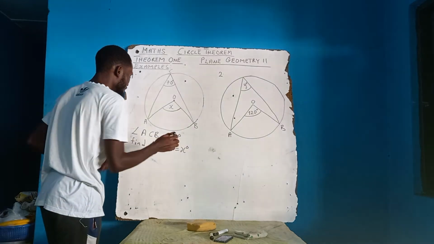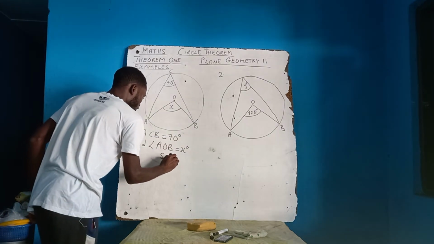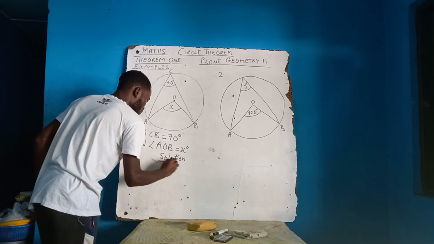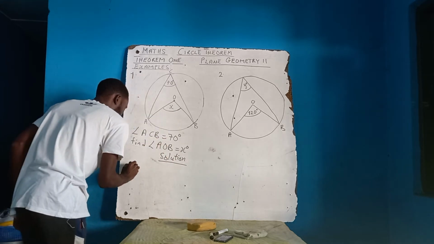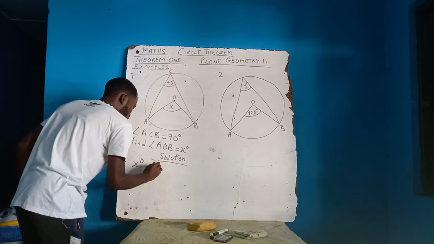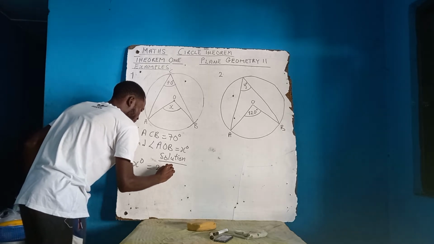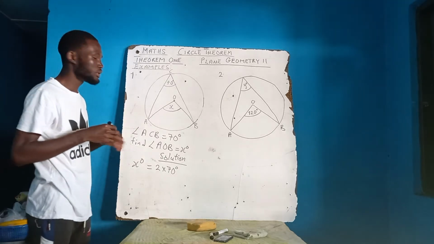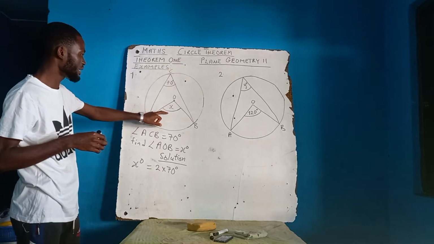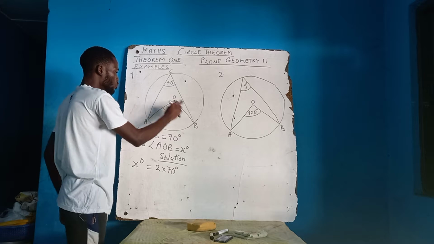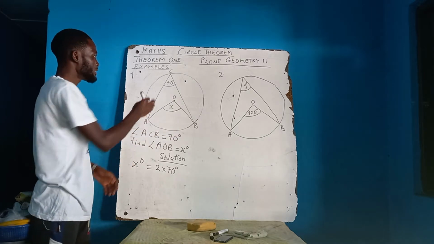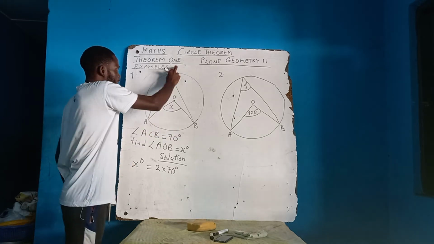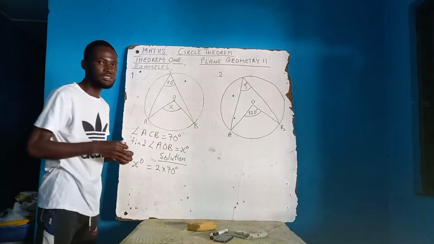So our solution is x degrees is equal to 2 times 70 degrees. Per our rule, x degrees, the angle formed at the center, or angle AOB, should be twice that of angle ACB, or angle 70.